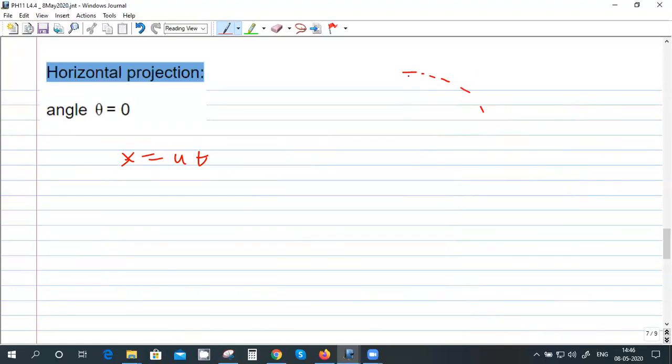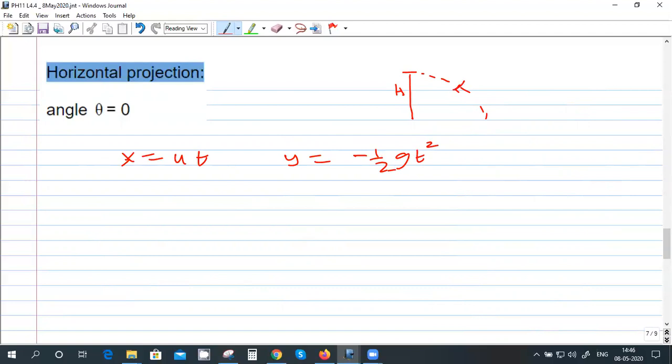This is the height h from which it is projected. And at any time t, the value of x is u into t. And similarly, y is u sin theta into t, and u sin theta is 0, so minus half g t square.